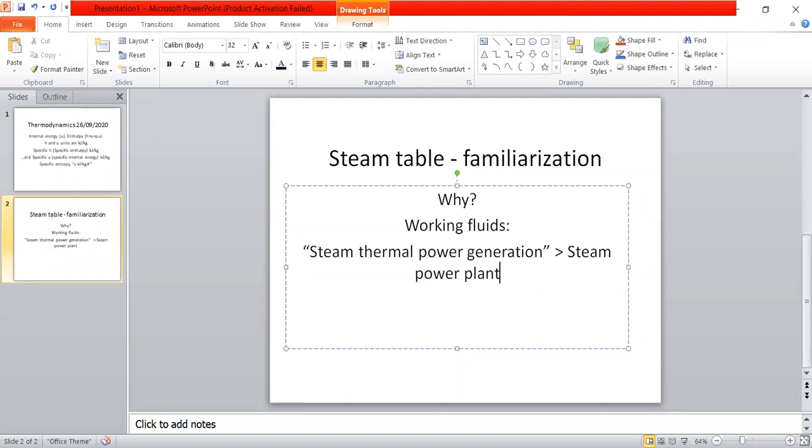To the boiler. From the boiler, the re-energized water becomes superheated steam and again goes back to the steam turbine. So there are four major components: the boiler, the turbine, the condenser and the feed pump.